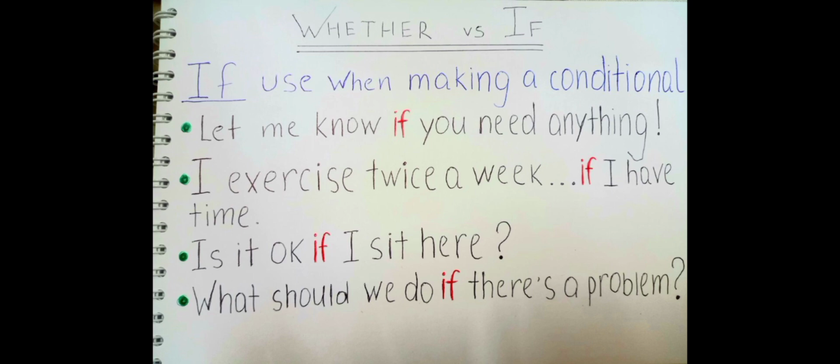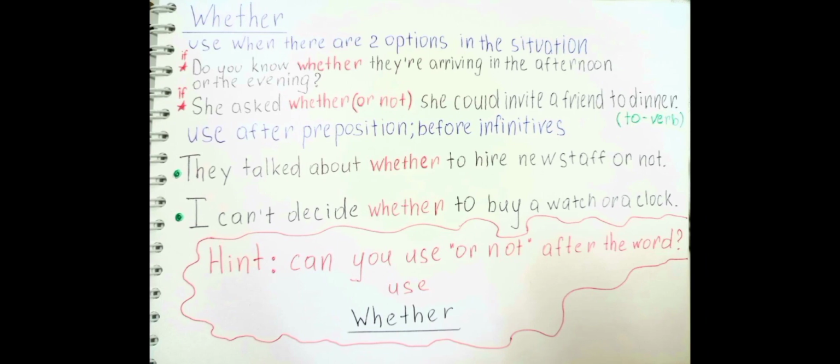But I want to compare this to whether. We use whether actually sometimes in the same sentences as if, and you'll hear a lot of native speakers using if and whether to communicate the same idea.